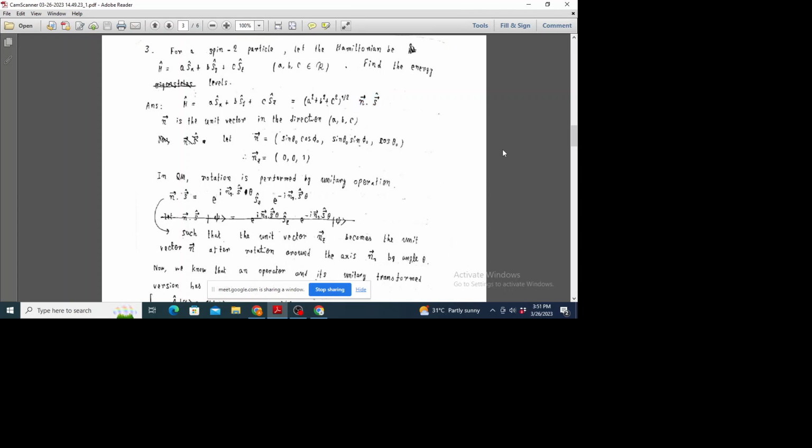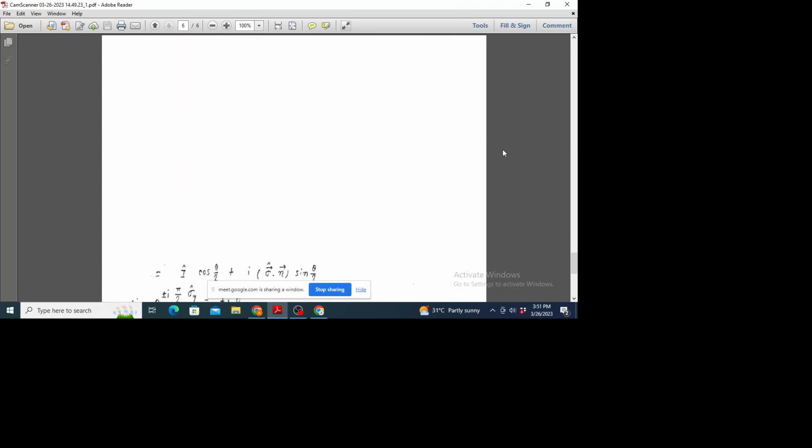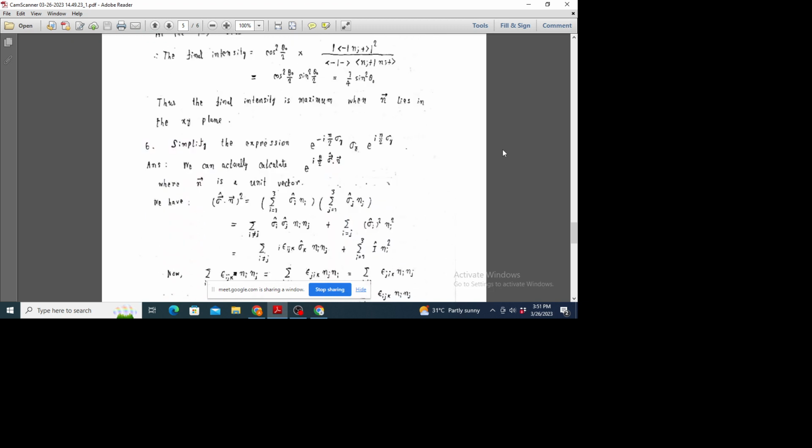Now we have just seen, compare with this earlier problem, that this operation amounts to rotating the sigma z operator to minus sigma z operator, right?